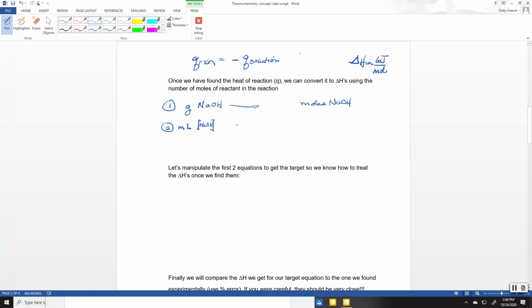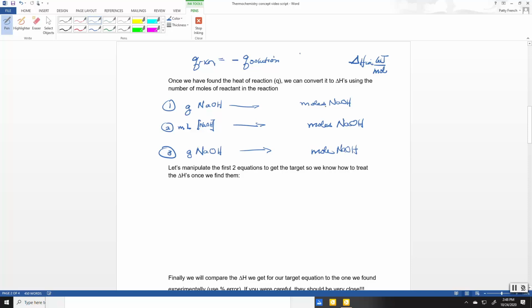So how are we going to figure out how many moles of sodium hydroxide here? I'll leave that to you to figure out. For the third reaction, we're back to grams of sodium hydroxide again. So however you did it for reaction 1, you're going to do for reaction 3.